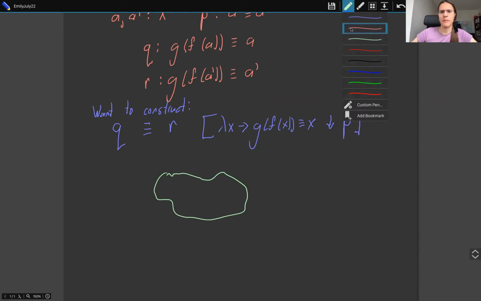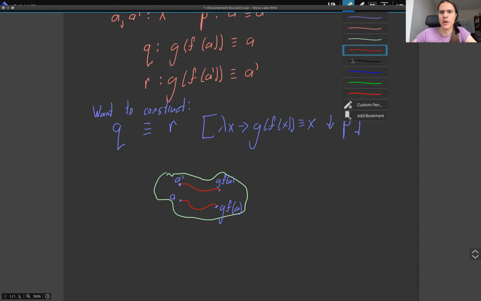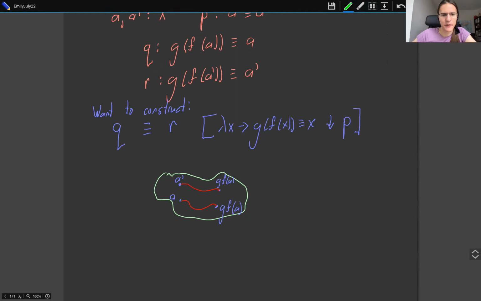And we have, I guess, A prime and G of F of A. And then we have a path here and a path here. Then the question is, what would it mean to produce a path between these that's dependent on a path here?